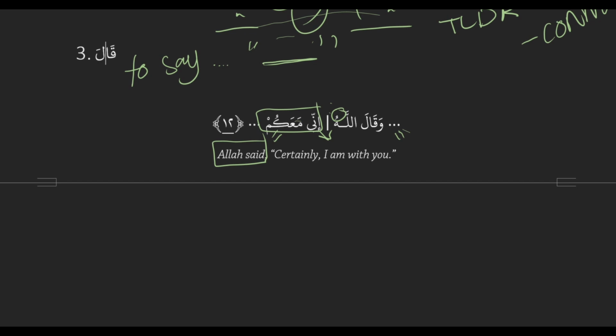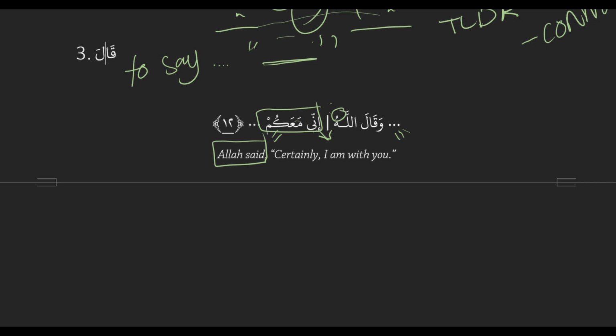But in this example, وَقَالَ اللَّهُ إِنِّي مَعَكُمْ, the quote didn't start right after qala. We still had a doer. So how do we know when the quote starts? Once you've found your qala and you found your doer for it, then the quote starts. So you have your qala, then your doer, and then your quote. Is that clear? Yeah.